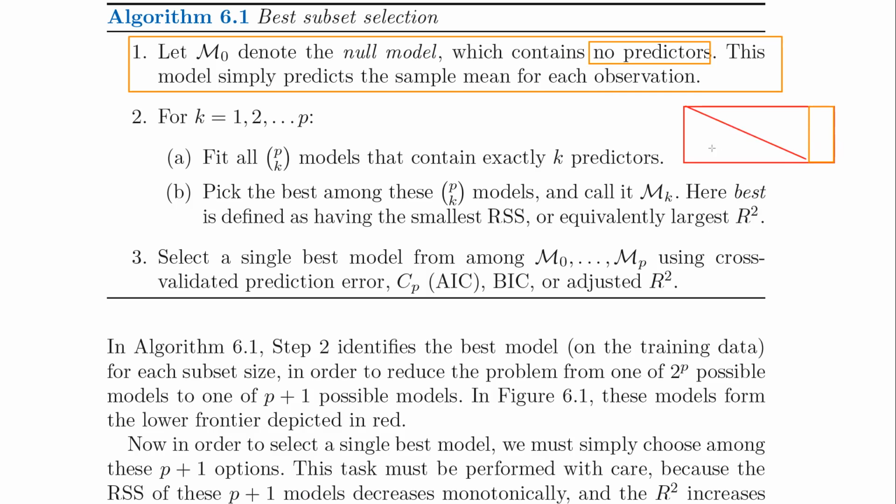You're going to exclude all the characteristics, x1, x2, up to xp, and you're only going to look at the responses. The sample mean for each observation. The sample mean, do they mean the sample mean of the observations? I think you just calculate the mean. Just calculate the mean of these y's, and that's your model.